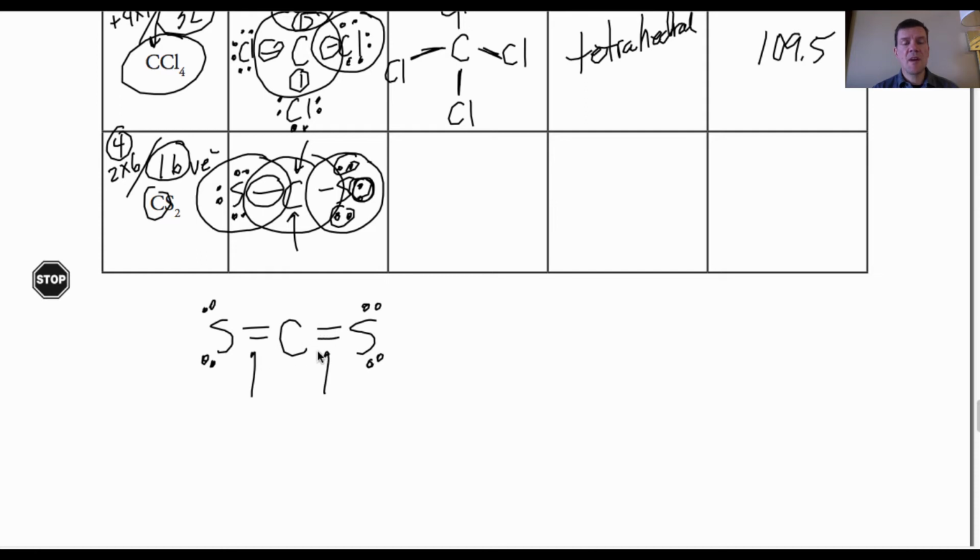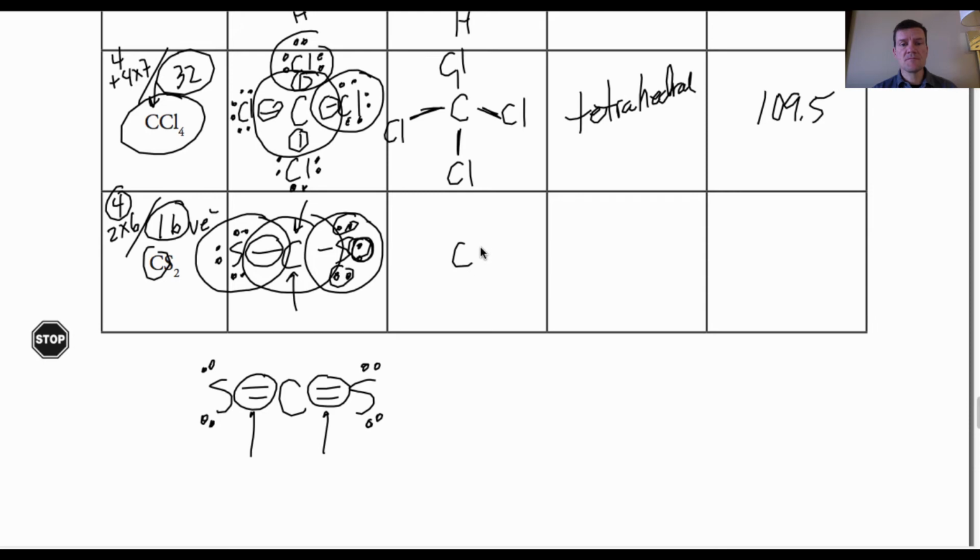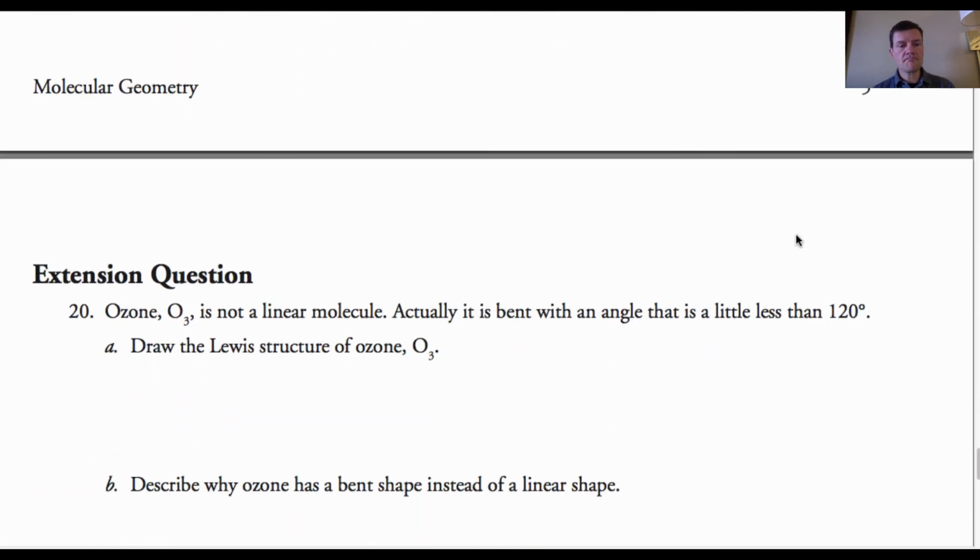So you've got a double bond and a double bond. This is still only 2 regions though. 1 electron region, another electron region. That results in linear, and linear has 180 degrees between the bonds. Okay? All right.